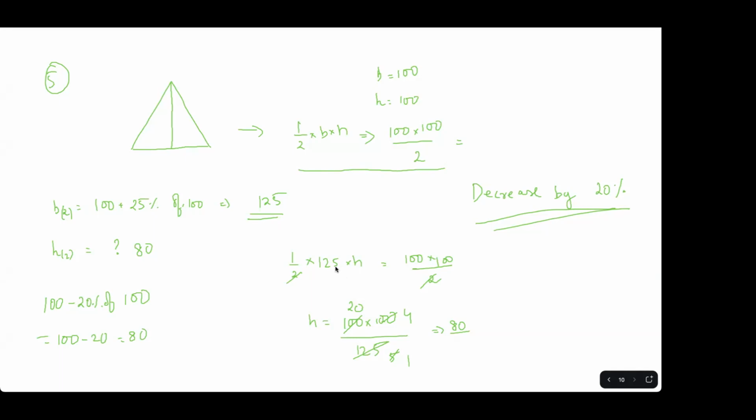Yes, sir. Now what will be the area of the second triangle? We don't know the height, so it is half into 125 into h, which is equal to the area, as the area is the same. So what was the area of the first one? Half into 100 into 100. Is it clear now? So half and half cancel. So we have 125 into h is equal to 100 into 100. So h is equal to 100 into 100 upon 125.